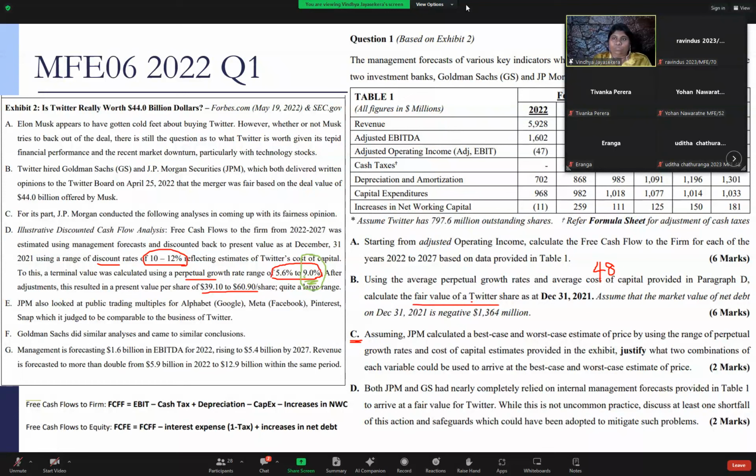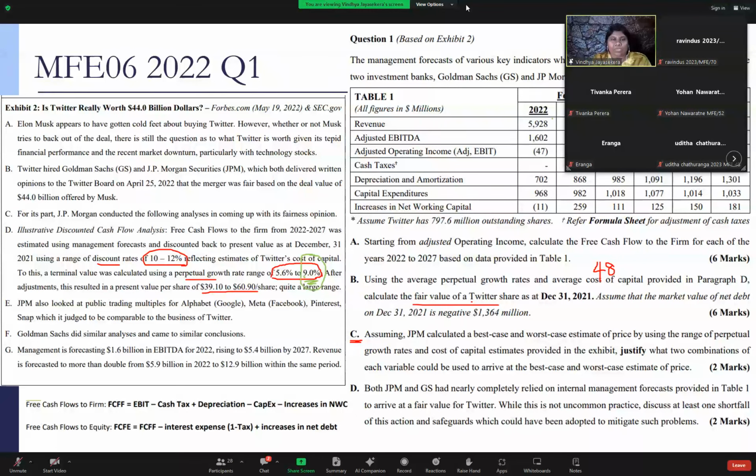Now we grew this by 7.3% forever. If you grow this by 9% forever, your D1 is going to be even higher. Remember, higher the growth, your price will go up, right? Even in your denominator, minus g increases, so your denominator comes down and your price goes up.